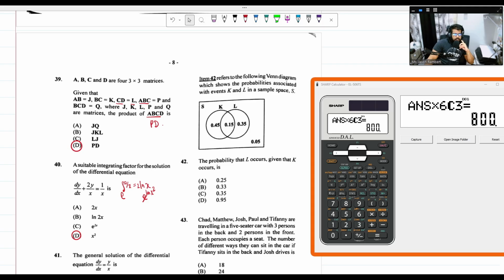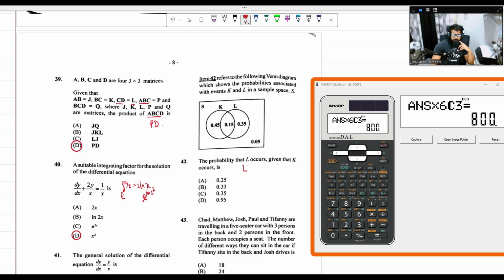Alright, next, 42 refers to the Venn diagram, which shows the probabilities associated with events K and L in a sample space S. The probability that L occurs, given that K occurs.